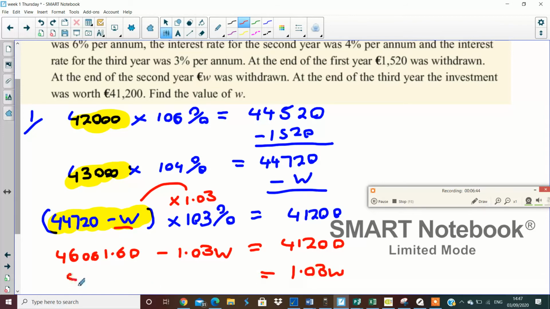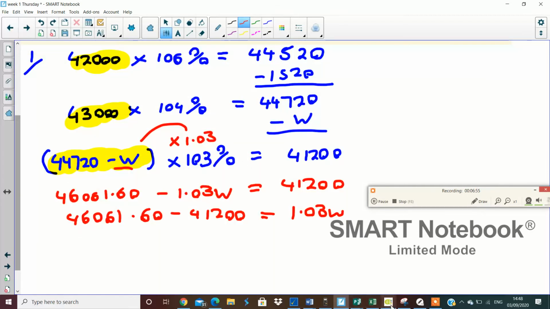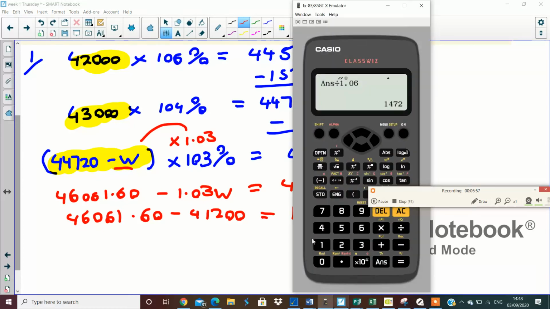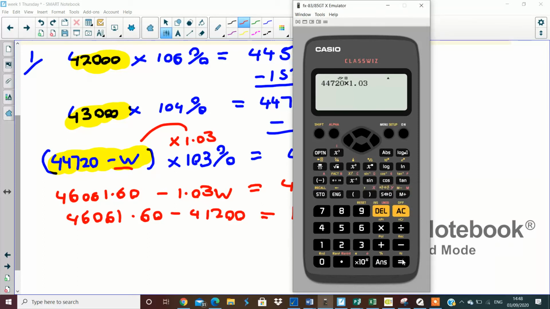Bring the 41,200 from the right hand side to the left hand side. And then do 46,061 euro 60 cents. Take away 41,200. And what do you get? 44,720 multiplied by 1.03, and you get that number there.